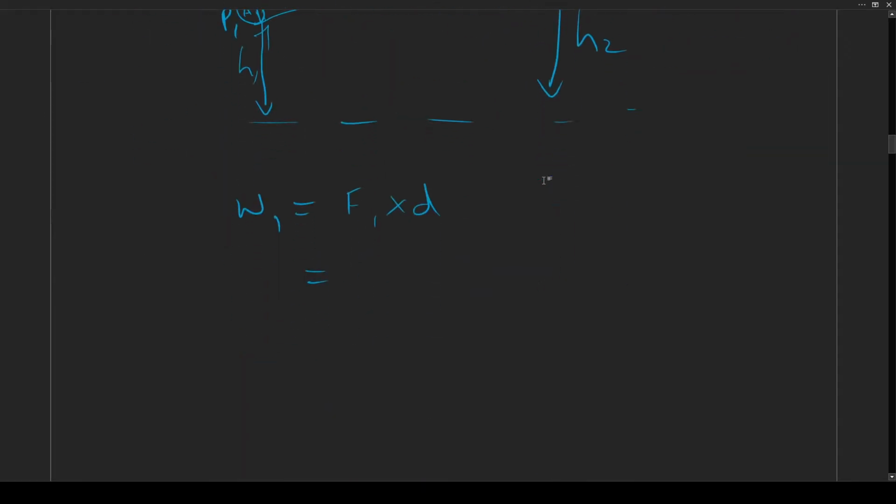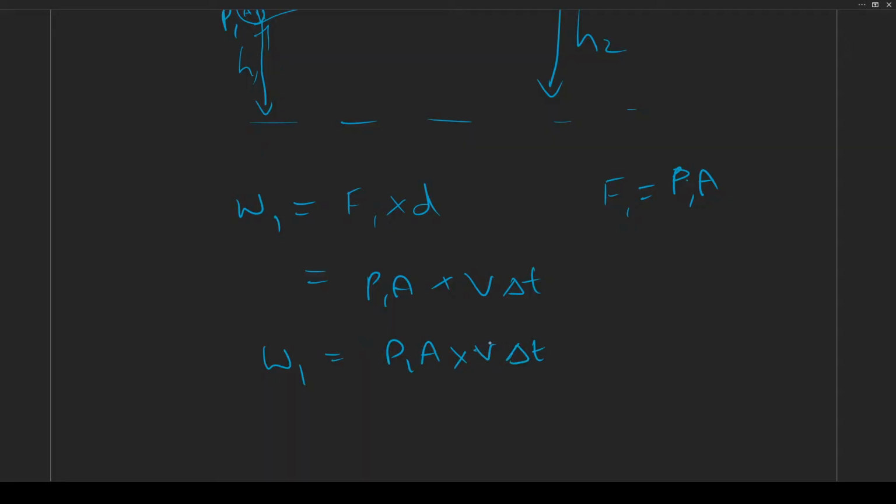Pressure is force by area, so F1 is P1A, times displacement v delta T. Work done 1 is P1A into v delta T, where this is velocity.